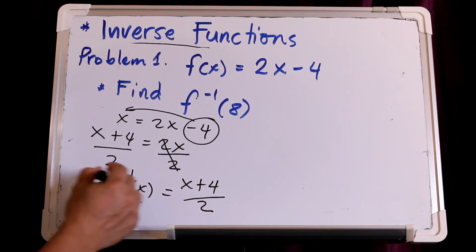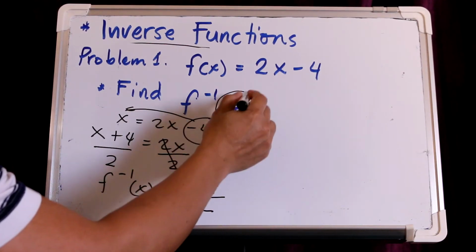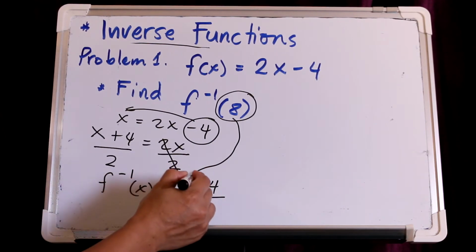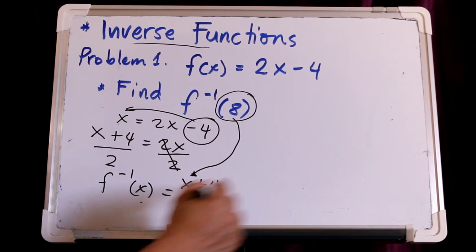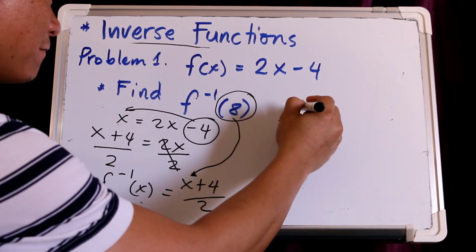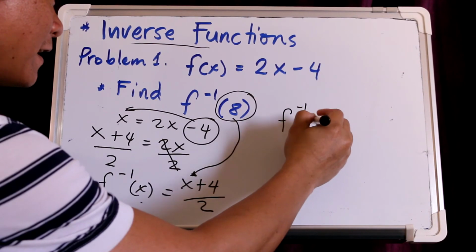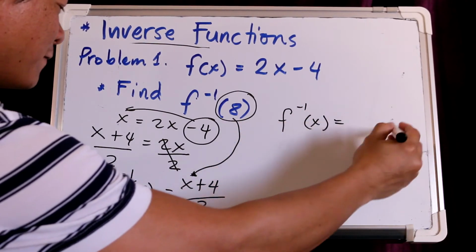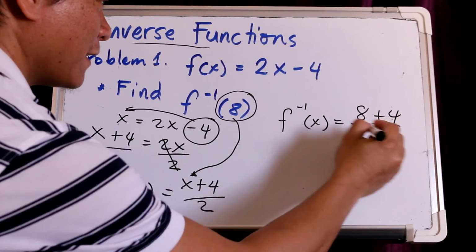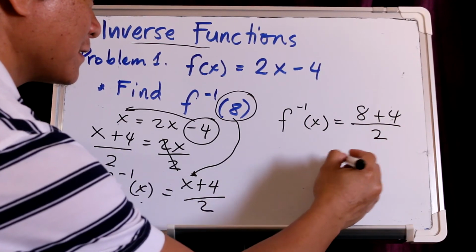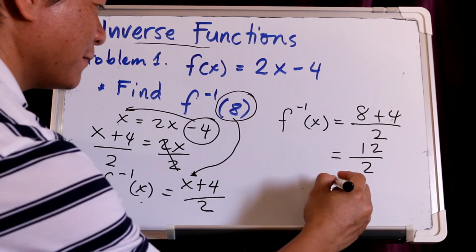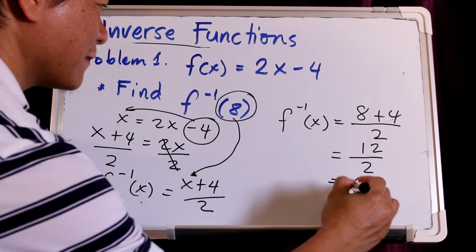Then the 8 now will go to the x there. So this is not yet the answer. The answer would be f negative 1 of x equals 8 plus 4 divided by 2, which means 12 divided by 2 equal to 6.